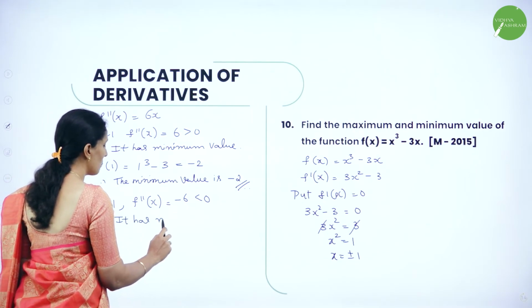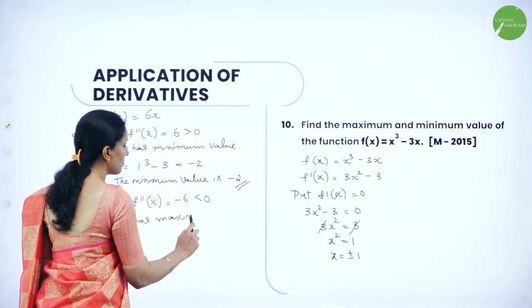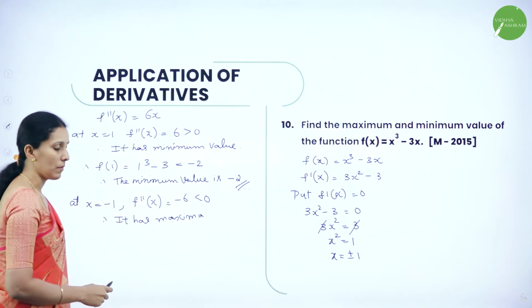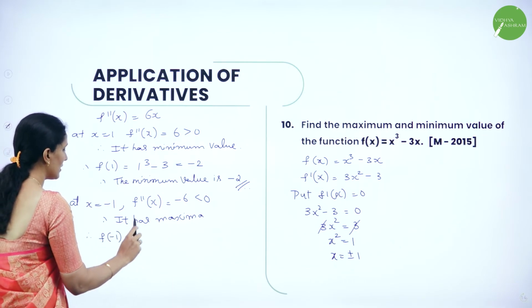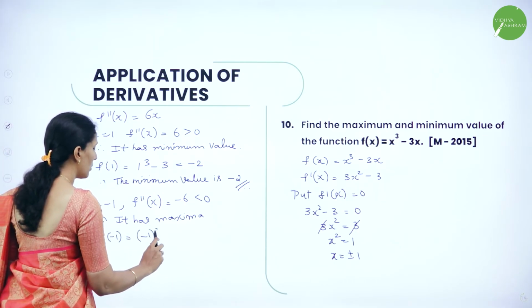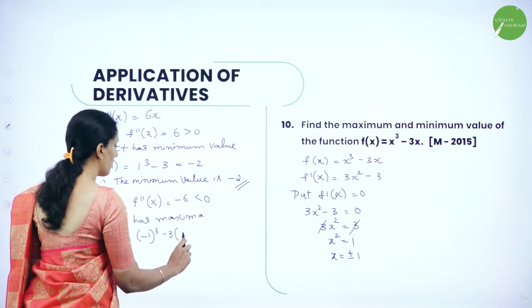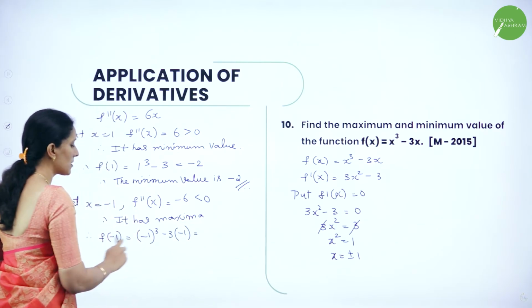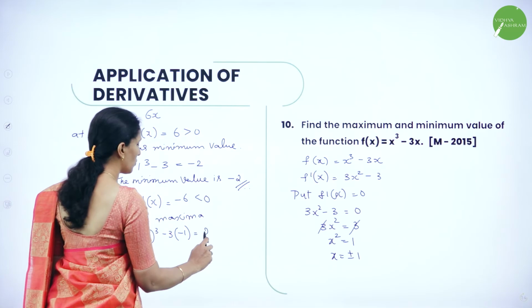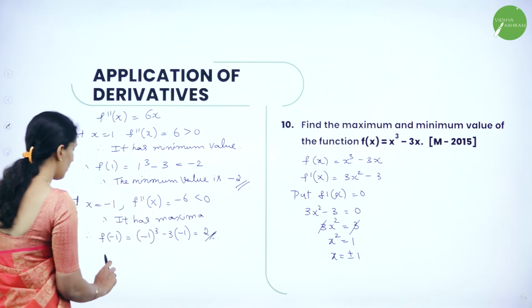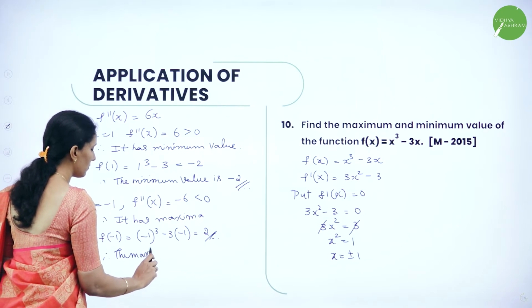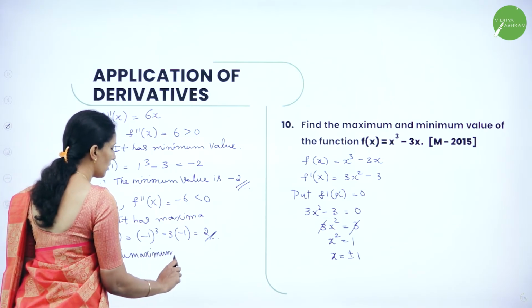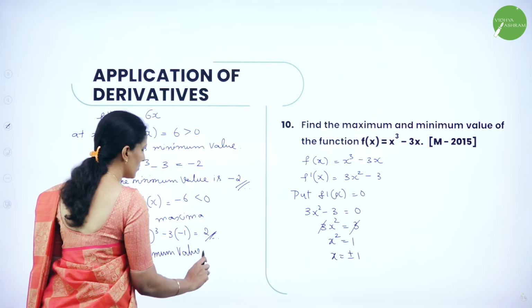So therefore, f of minus 1 is equal to minus 1 whole cube minus 3 of minus 1, which becomes minus 1 plus 3, which is 2. So therefore, the maximum value of the function is 2.